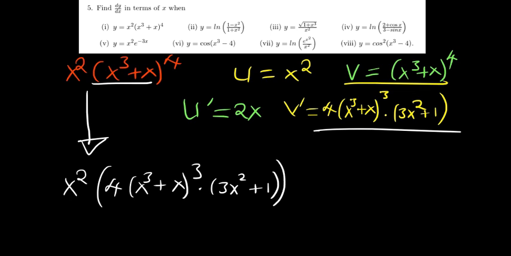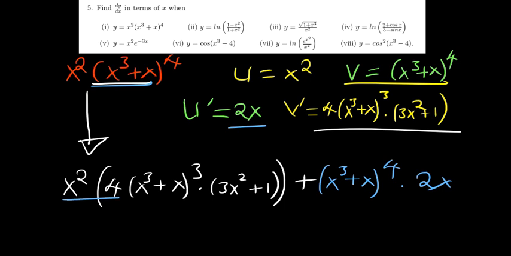And then plus, we can now go to the second part, which is x to the power 3 plus x to the power 4 multiplied by the derivative of the very first part, which is 2x. This is what the product rule tells us to do. Now at this point, 4 times that is going to be 4x squared.